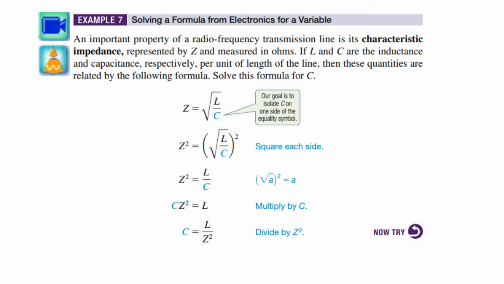We get z squared is equal to (the square root of L over C) squared. But the square root of L over C, squared, is L over C. Cross multiplying, C z squared is equal to L, and that means C is equal to L over z squared.